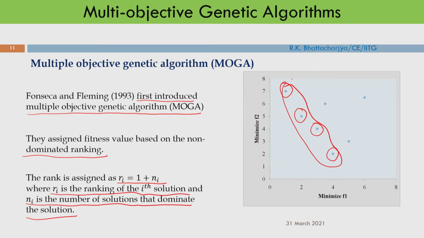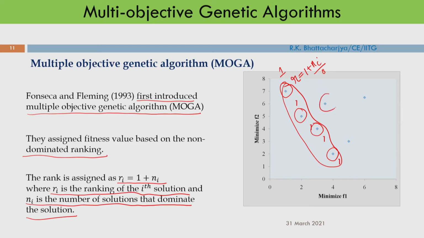If I calculate the rank, the rank of this particular solution is 1 plus Ni. That means, how many solutions are dominating this particular solution. Ni is 0. Therefore, the rank of this particular solution is 1. The rank of this solution is 1, this is also 1, this is also 1 and this is also 1, all these solutions will get rank 1.